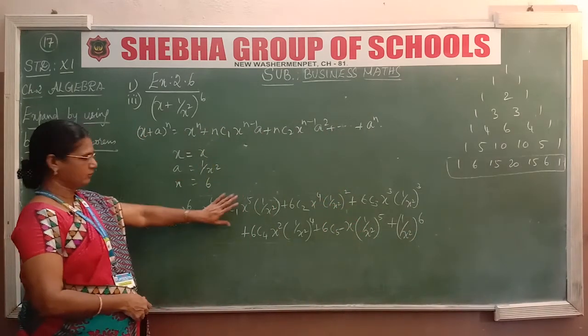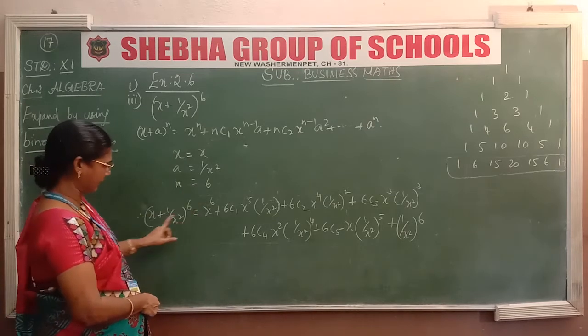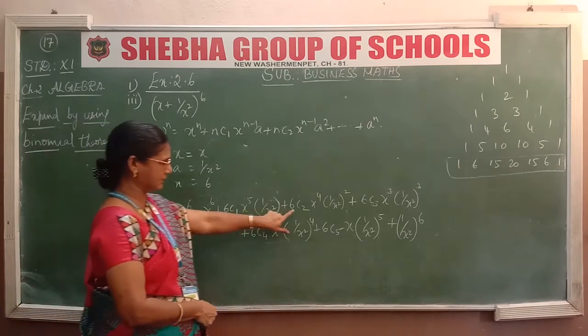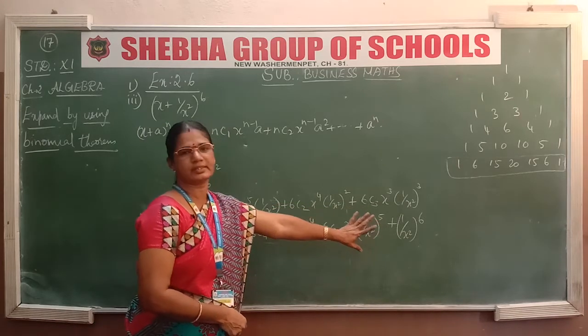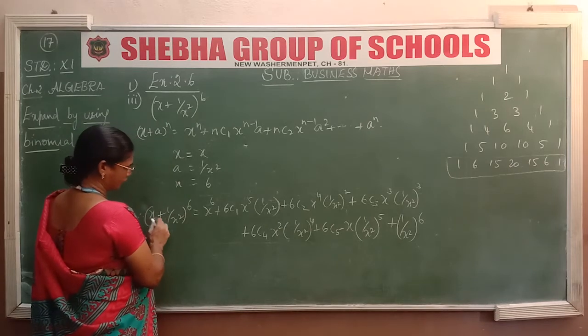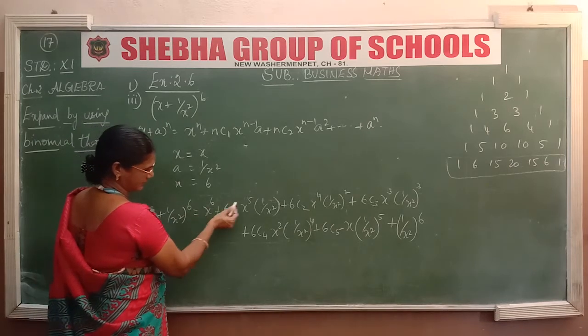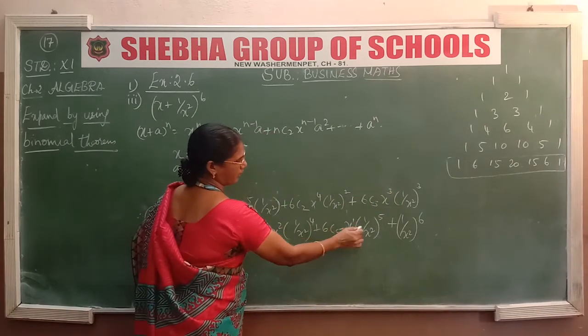Understood this? First write the first term: no need to write any coefficient, just write x power n. Next 6c1, 6c2, 6c3, 6c4, 6c5, and the last one is 1. Next we keep decreasing the power of x: x power 6, 5, 4, 3, 2, 1 and 0.